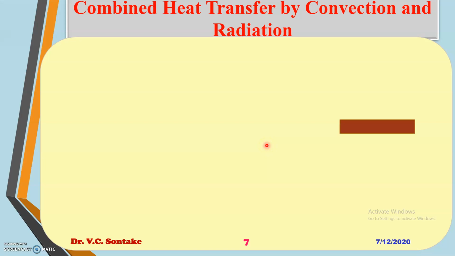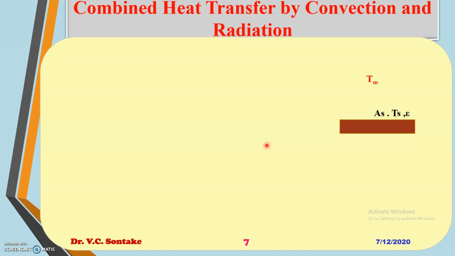Now, combined heat transfer by convection and radiation. Many times what happens, the surface temperature is generally very high as compared to the environment to which it is exposed. Under such condition, heat transfer takes place by convection, which is quite obvious, but at the same time it also takes place by radiation as well.